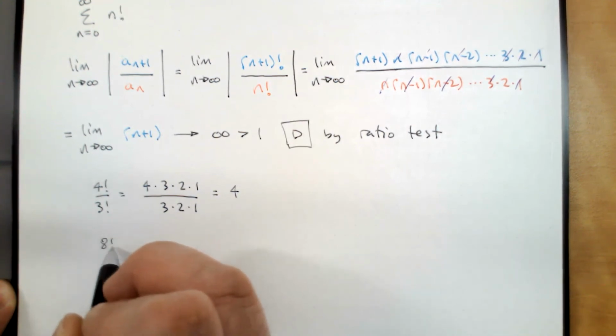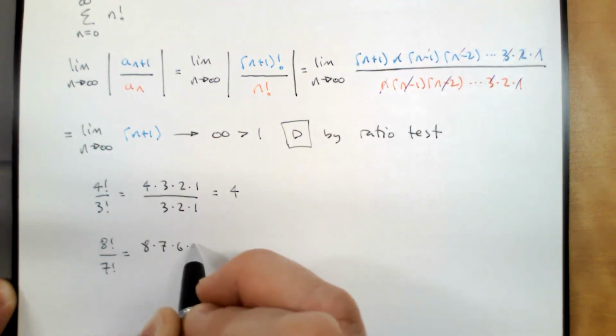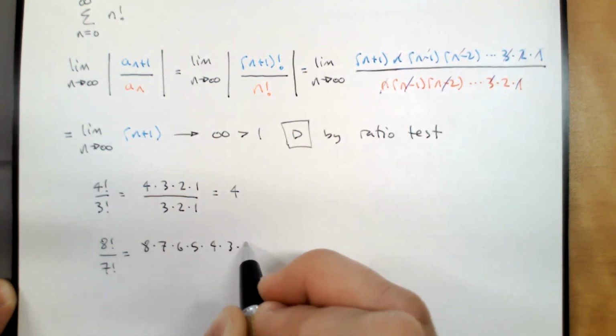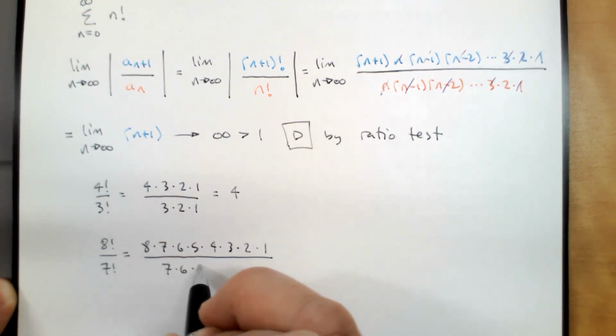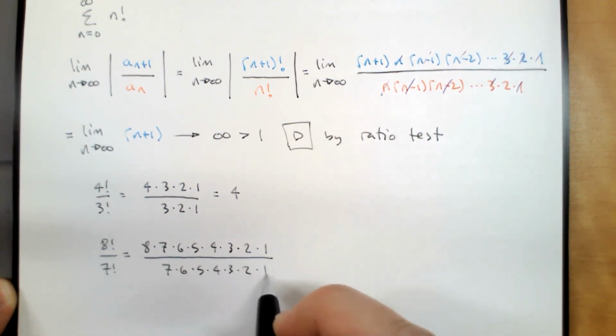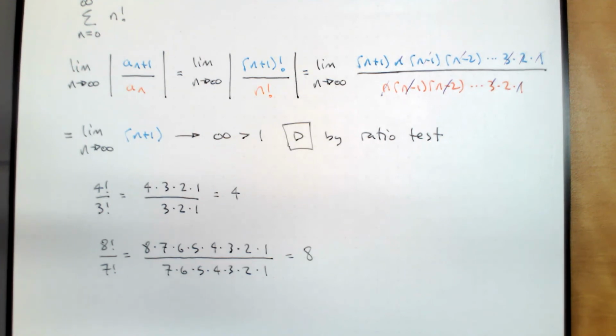We have 8 factorial over 7 factorial. That's 8, 7, 6, 5, 4, 3, 2, 1, and 7, 6, 5, 4, 3, 2, 1. So that's how the factorials are going to interact in a ratio test.